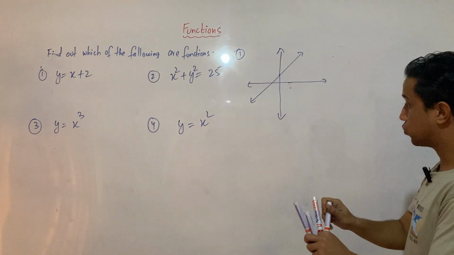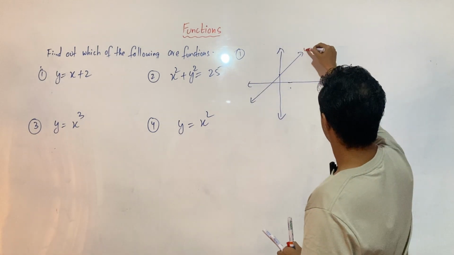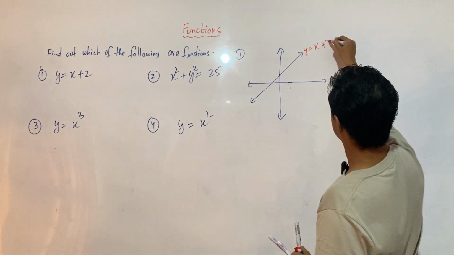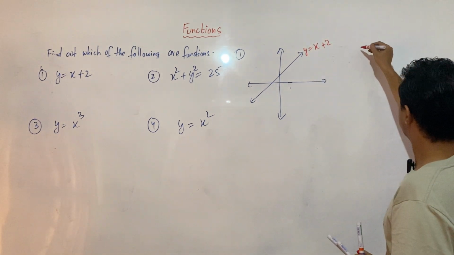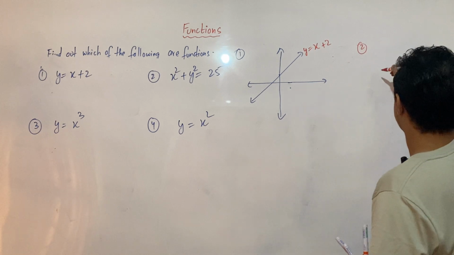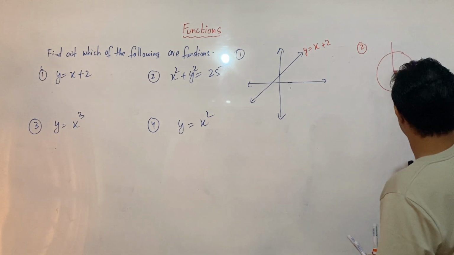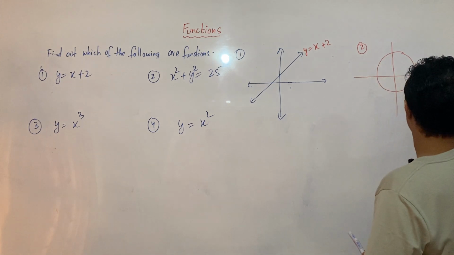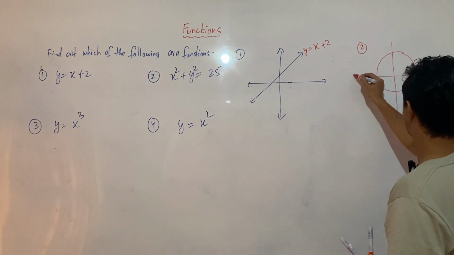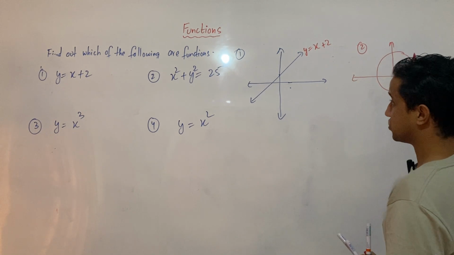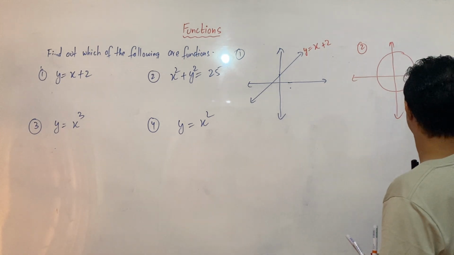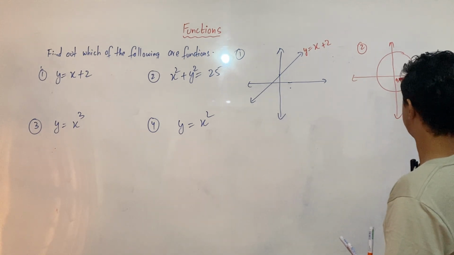This is y equal to x plus 2. This is number 2. Number 2 is x square plus y square equal to 25. So this is an xy axis. This is a circle, and here radius 5. Okay, this is 0, 0.